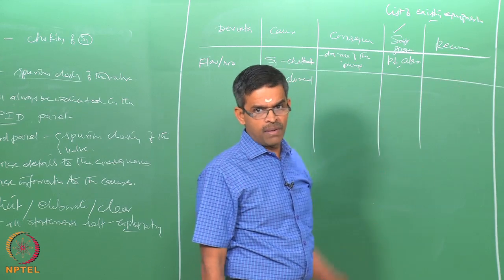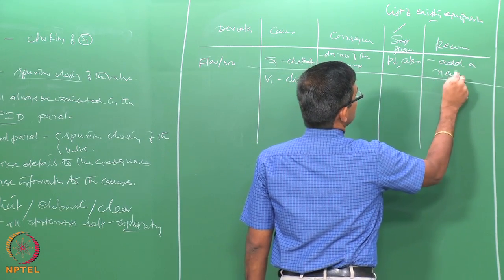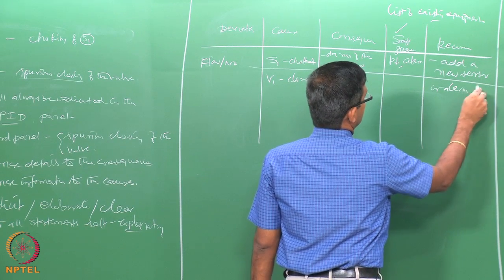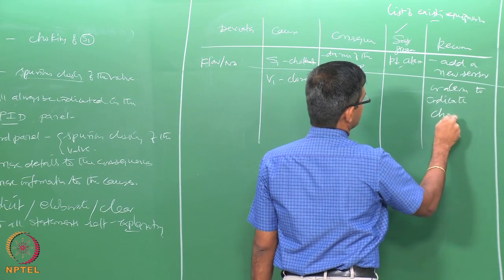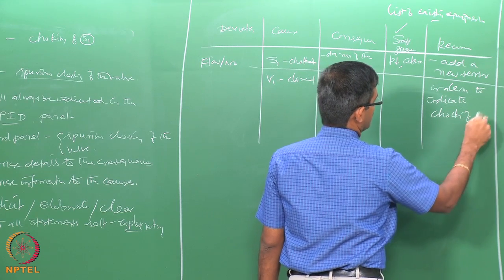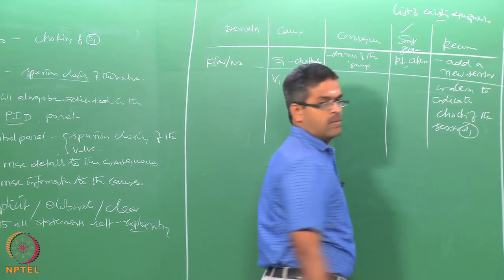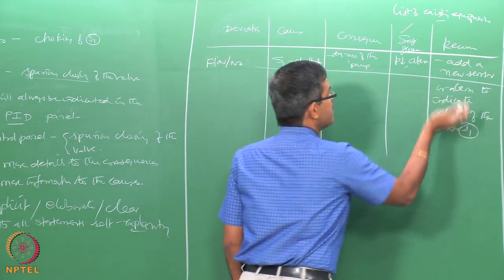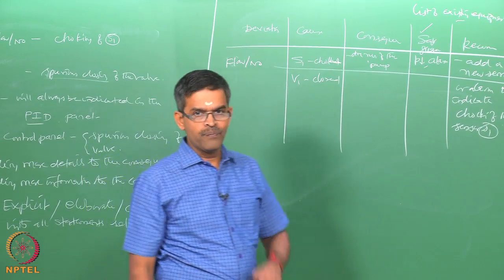So, recommendation can be to add a new sensor or an alarm to indicate choking of the strainer. So, one can easily add a few legible statements to improve clarity of the whole flow.